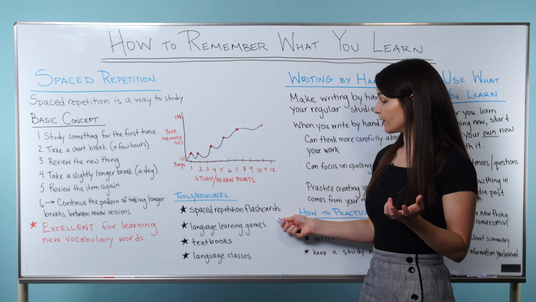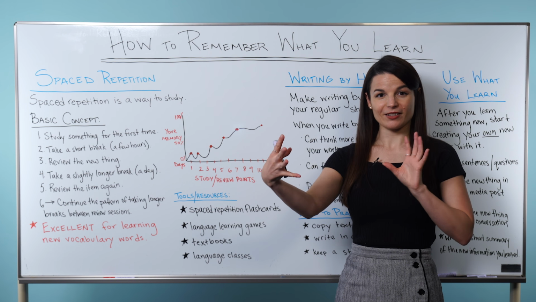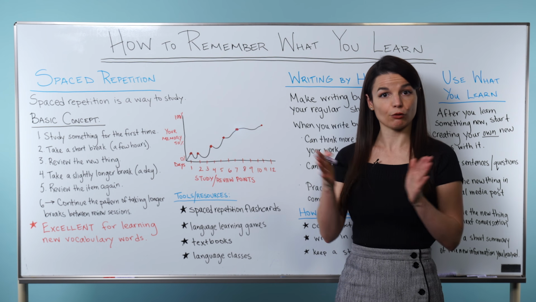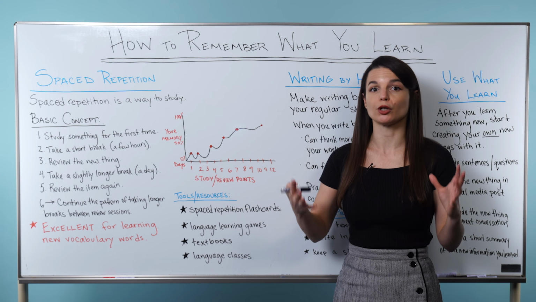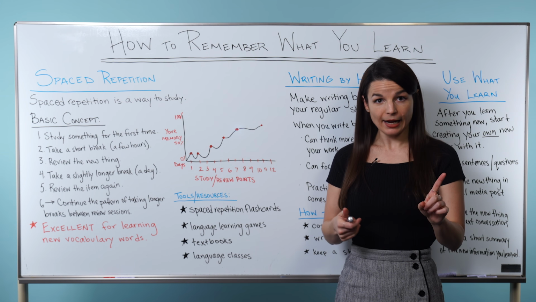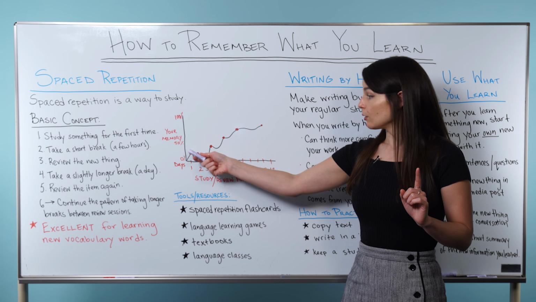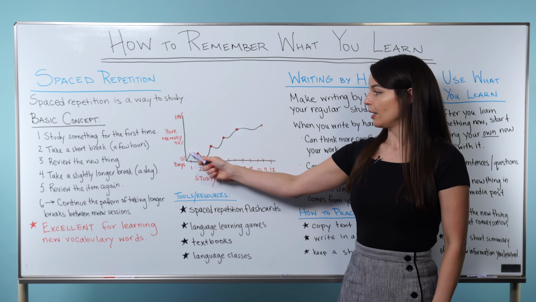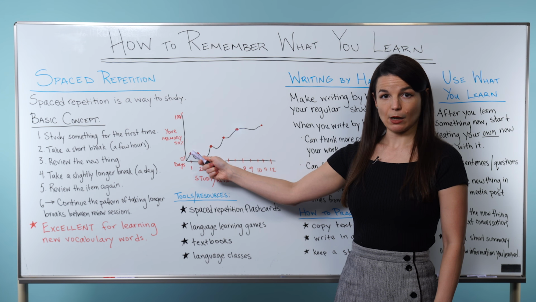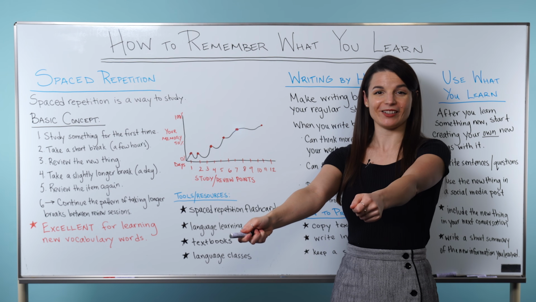But these kinds of systems are super, super helpful because, one, the flashcards are already put in a deck for you. You already have a group of words to learn, like a list of 100 or 200 words. And these systems know when to quiz you on something. So for example, if you studied something on day 1, it already knows, I should show you this on day 2 again.